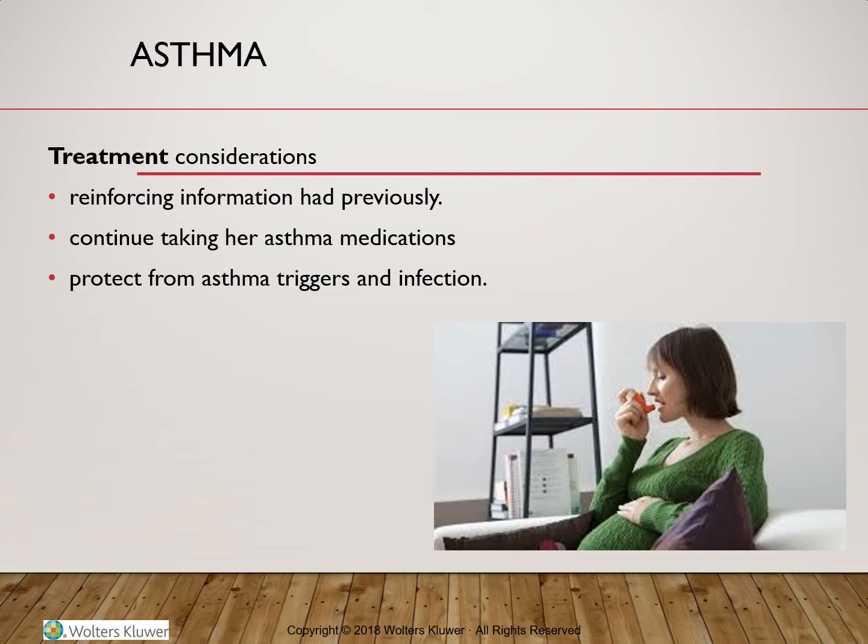A woman who has poorly controlled asthma may have a higher incidence of preeclampsia, premature labor, or hemorrhage. And as a result of the condition, the fetus may be small for gestational age or a preterm baby.